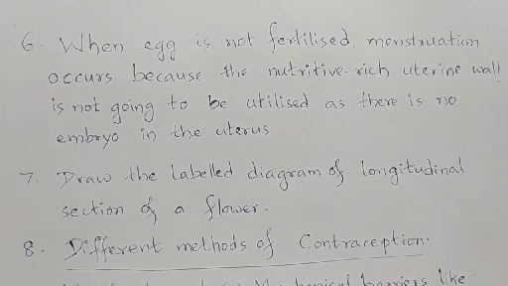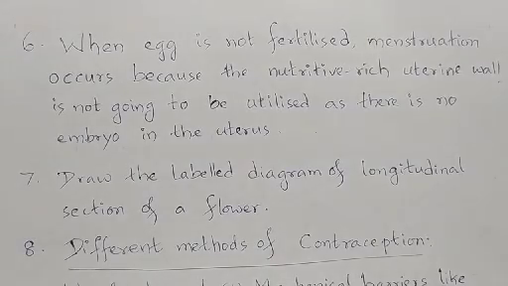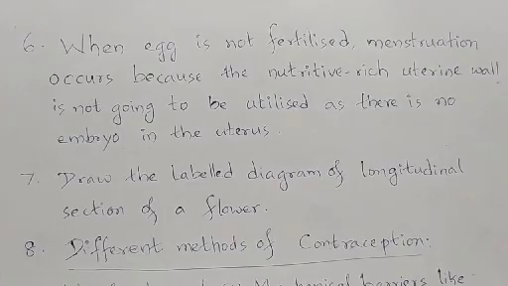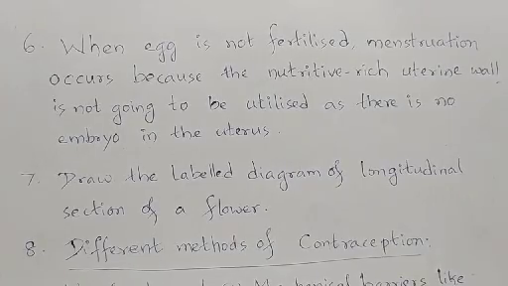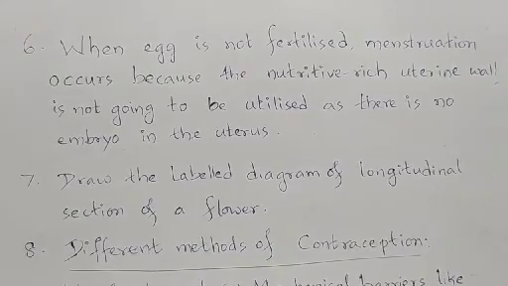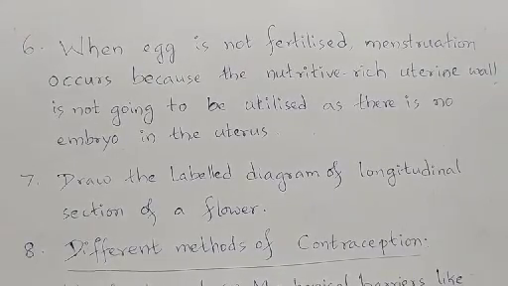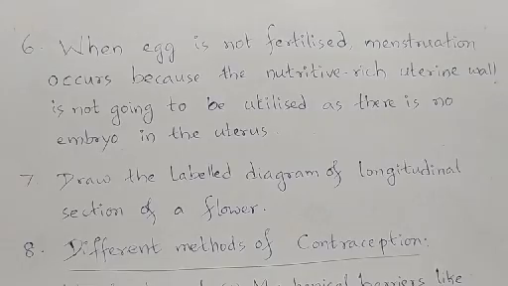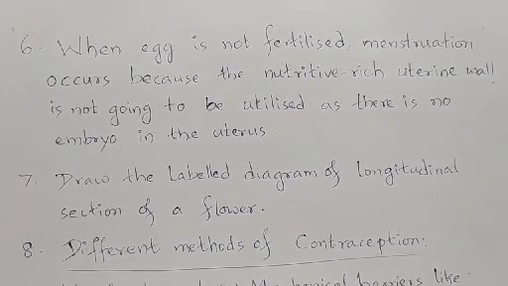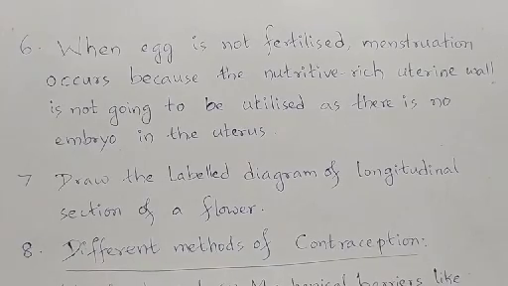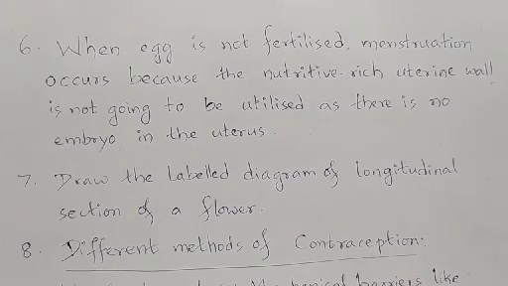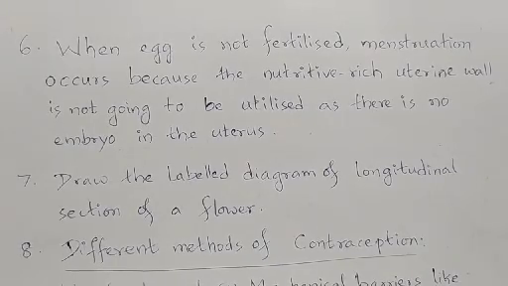Before the egg cell is released, the uterus prepares itself in the expectation that it may receive the fertilized egg. If it receives the fertilized egg, it must provide nutrients to the growing embryo. For this, the uterine wall is richly supplied with nutrients and a rich blood supply.